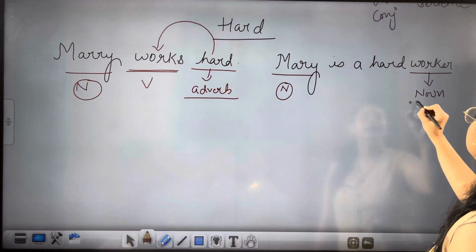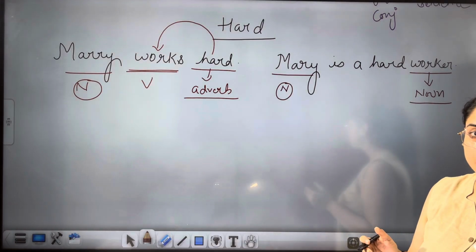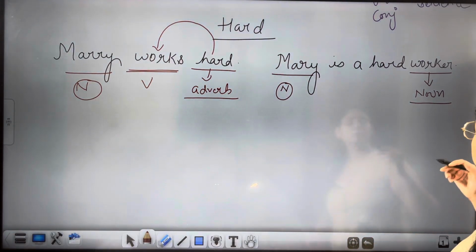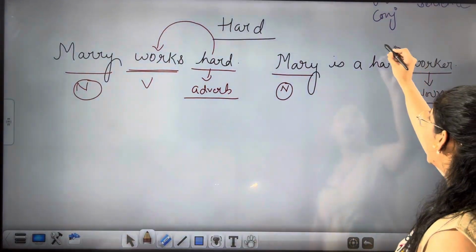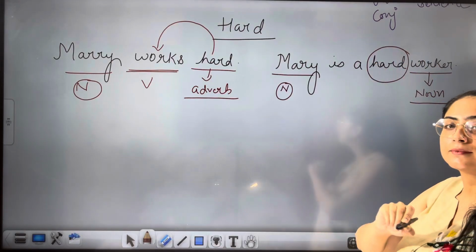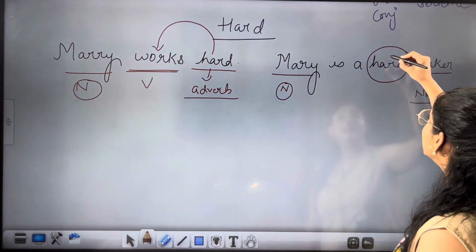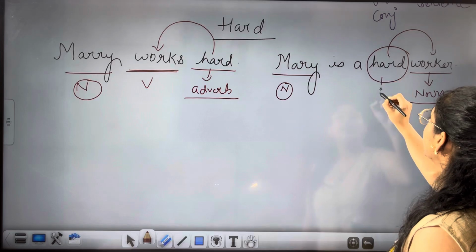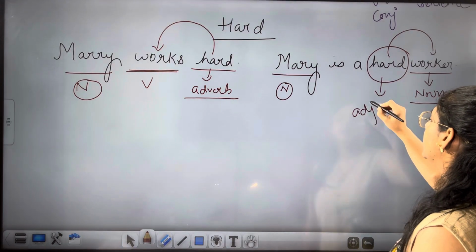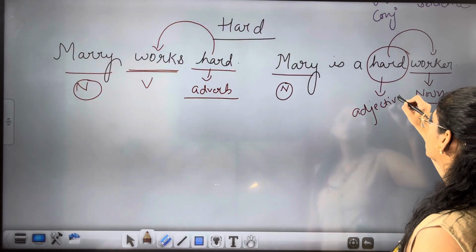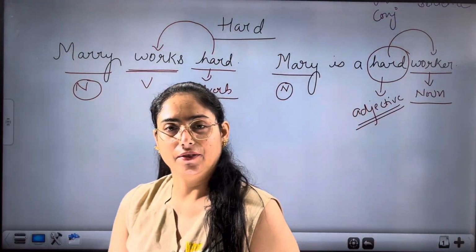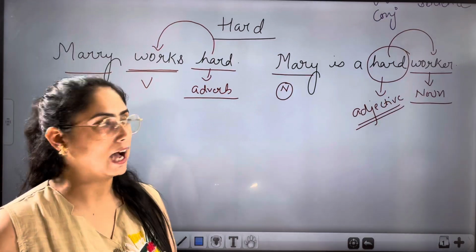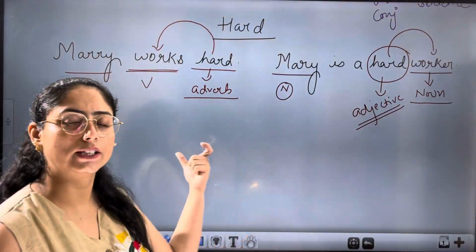What is worker? It's a profession. It's a noun. Now, what kind of worker is she? She is a hard worker. So here, hard is qualifying a noun. Therefore, it is acting as an adjective. I hope you can differentiate these two things.